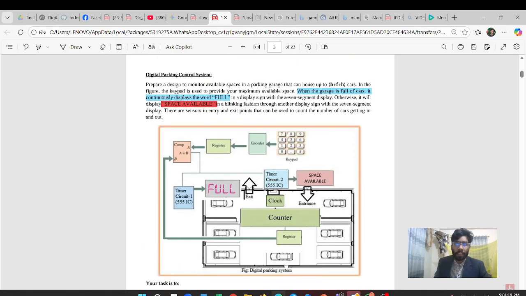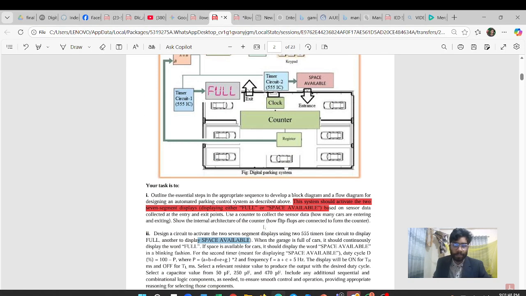Here they have given a block diagram: keypad user-defined input, then an encoder whose prime work is decimal to binary, then a register, then a comparator, then a connection, additionally timer circuit 1, timer circuit 2, etc.